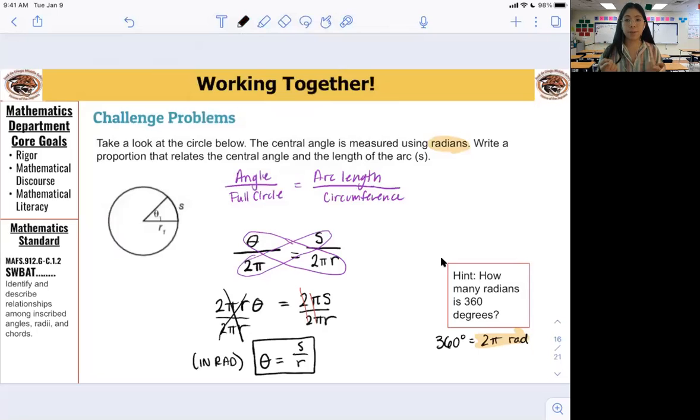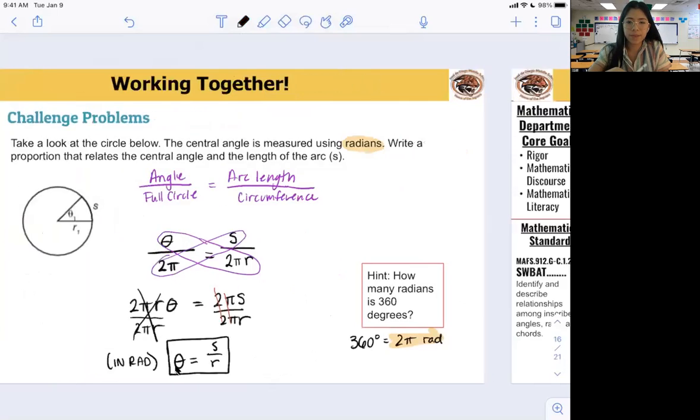And yes, in that first example, it was 1 radian because the segment was 4 and the radius was also 4. So 4 over 4 gives you 1 radian. This is a really useful little trick that you can use only using radians. Okay? Questions on that?